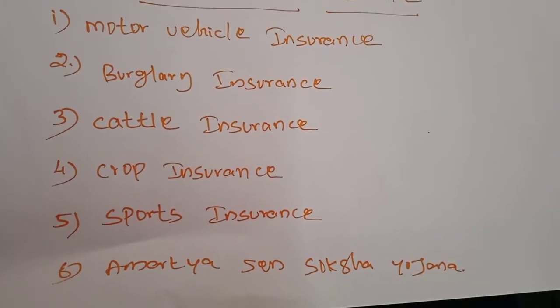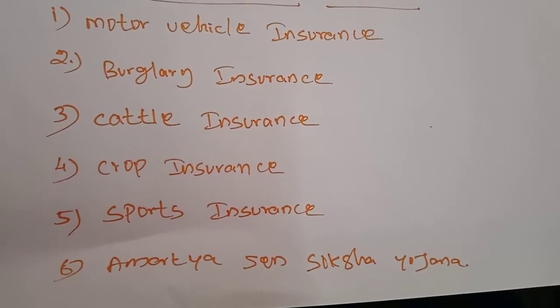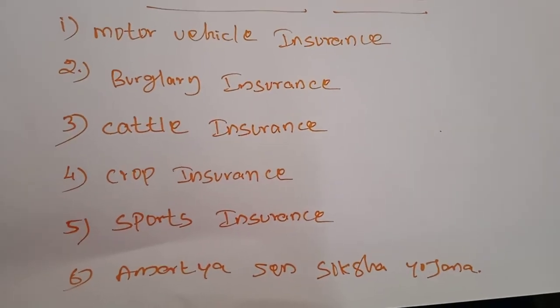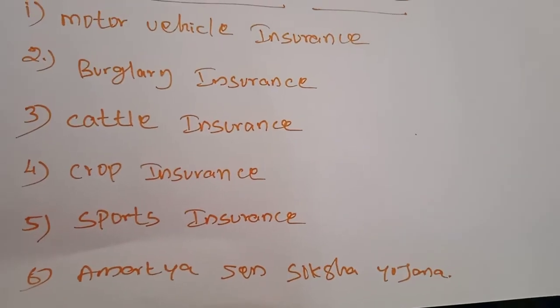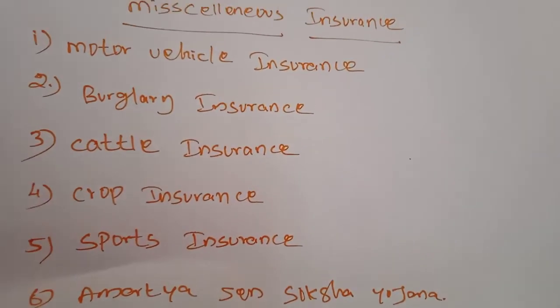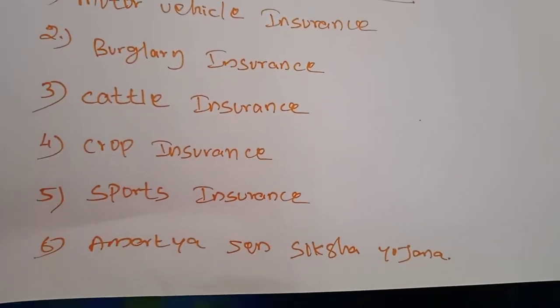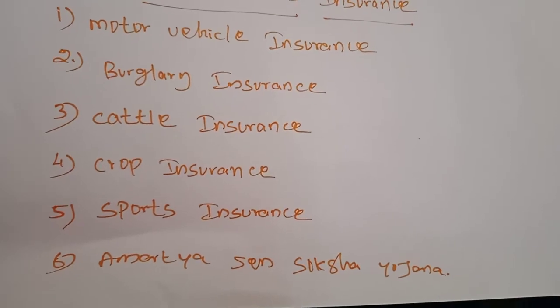When they participate in any sports, they also have some possibility of being affected by risks. When they are playing, they can get accidents, their legs may break, and some injury may happen, etc.